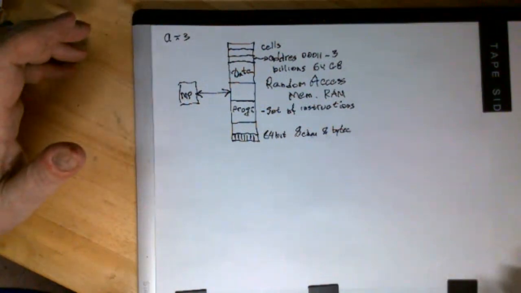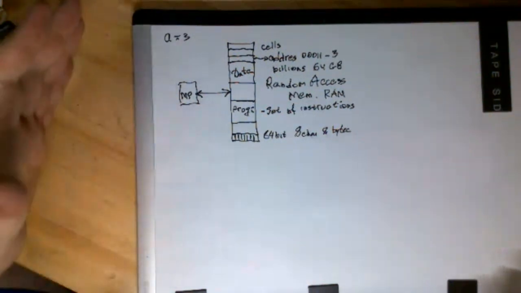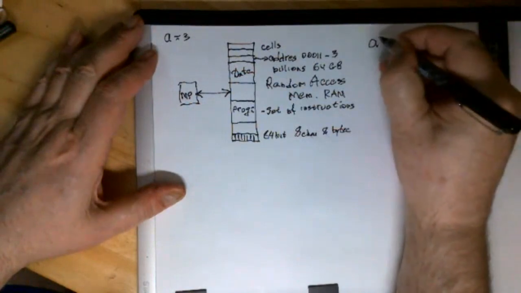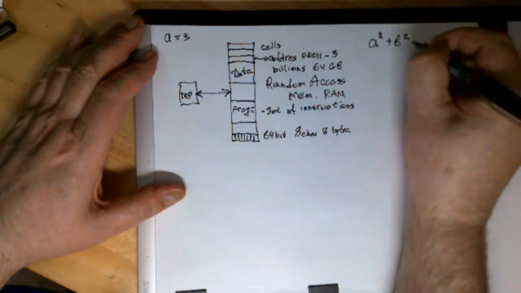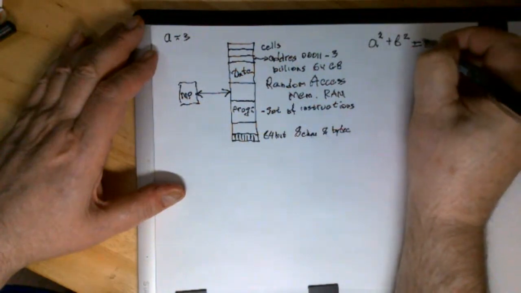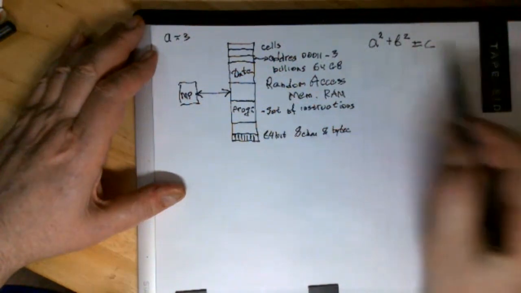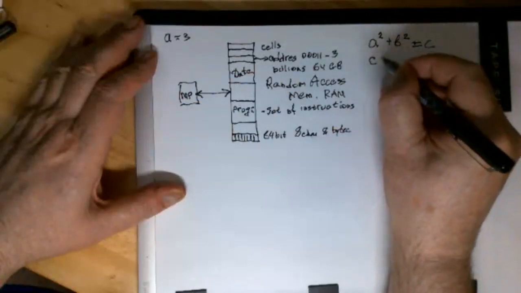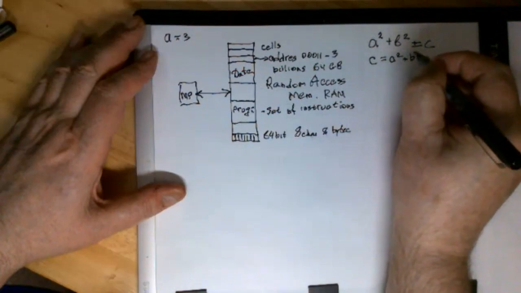So let's imitate, let's create such a program, which will do certain things. I would like to make a program to calculate a square plus b square and put it in C. So C is equal to a square plus b square.